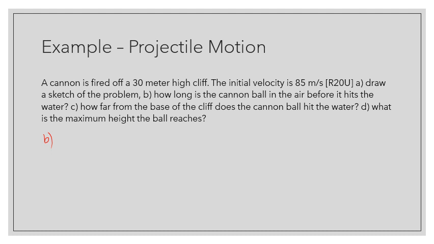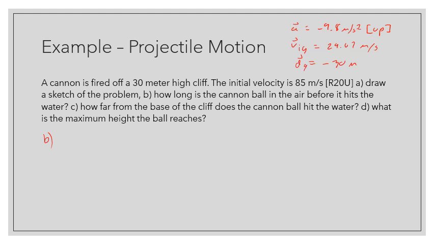So first, let's set out what we know and what we're trying to find. Acceleration is equal to negative 9.8 meters per second squared. We know that v_iy is equal to 29.07 meters per second, and displacement in the y is equal to negative 30 meters.